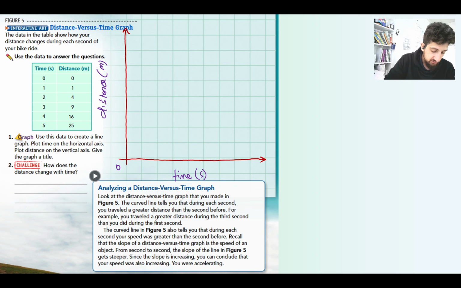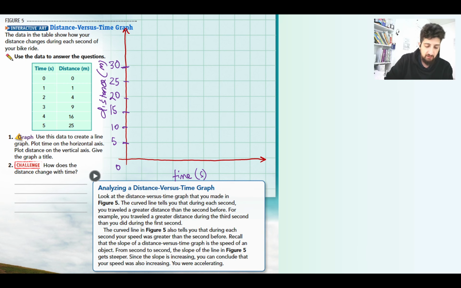So what about the distance? The distance goes up to 25. So what would be a good unit? If it goes up to 25, it's a good thing to go in fives. So that's 5, 10, 15, 20, 25, and for good measure, we'll go to 30.